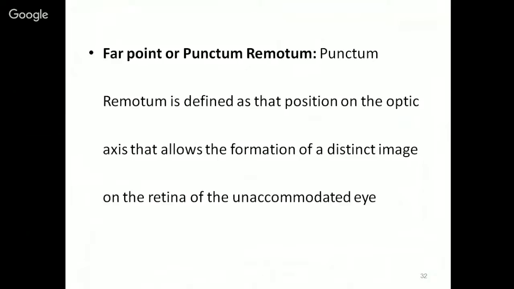While the far point or punctum remotum is defined as that position on the optic axis that allows the formation of a clear image on the retina of an accommodated eye.